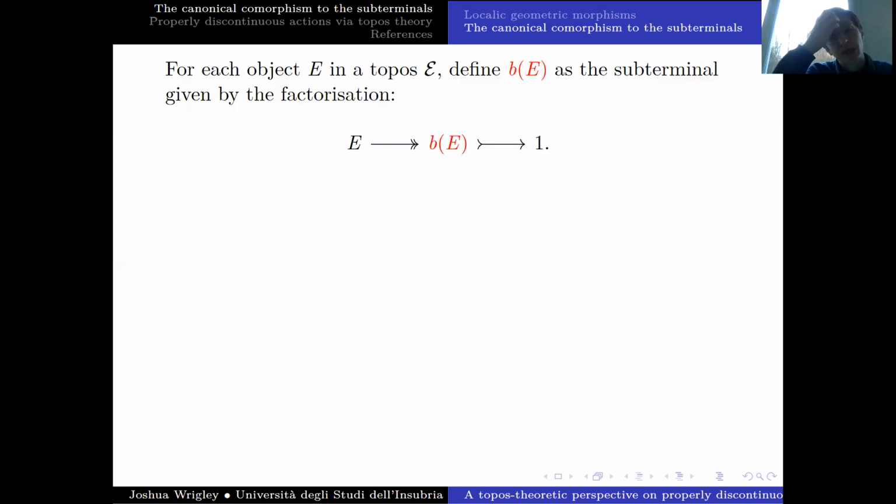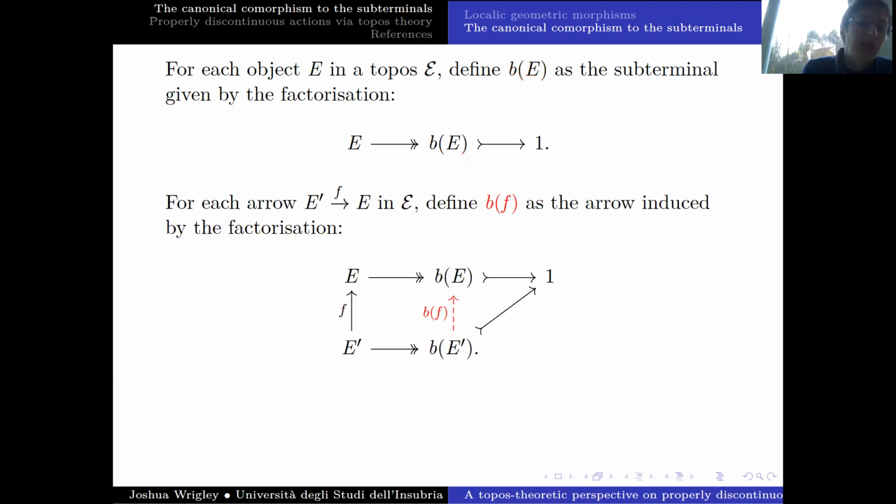Now, to do that, we're going to define a functor. So, first of all, for each object E in a topos, we're going to define B of E as the subterminal given by the epi-mono factorization of the support of the object E, the unique morphism to the terminal object. And for every arrow in our topos, there's going to exist a unique factorization given in this diagram here, and we're going to define B of F as that induced arrow.